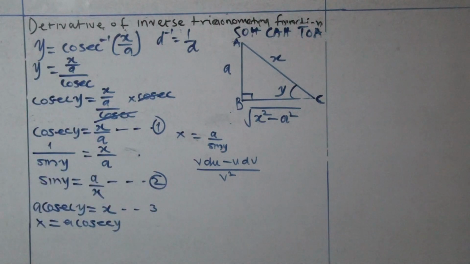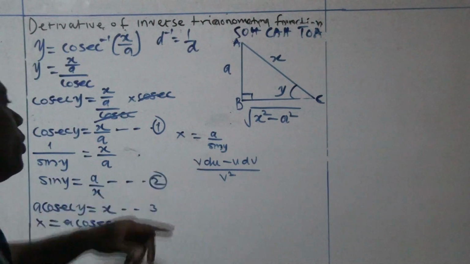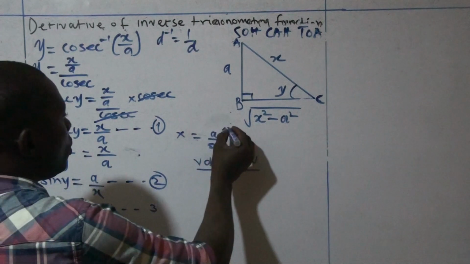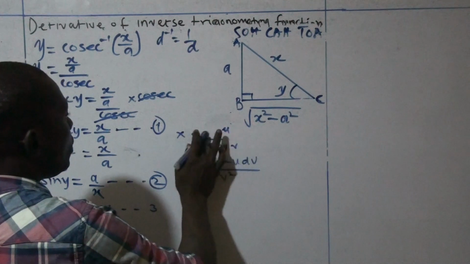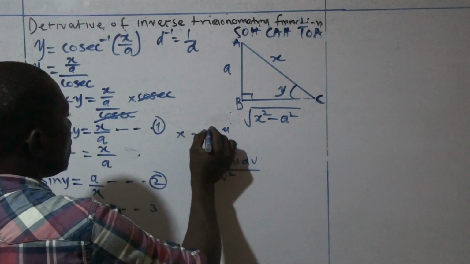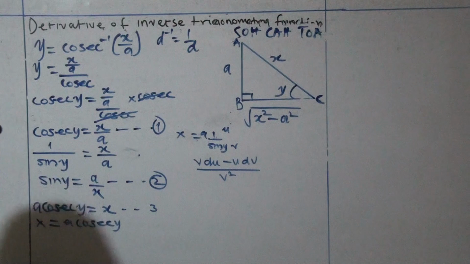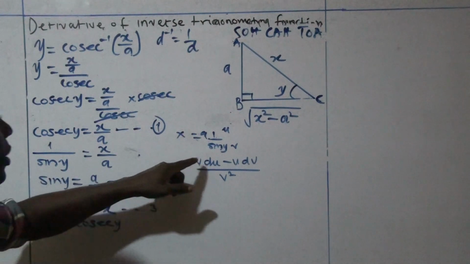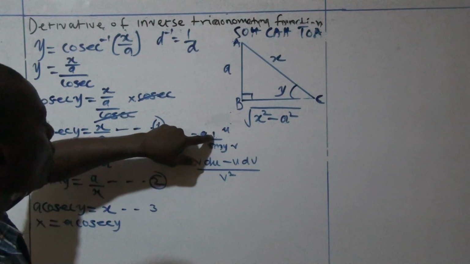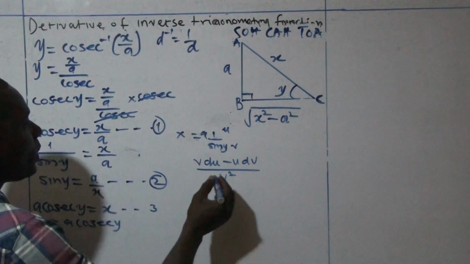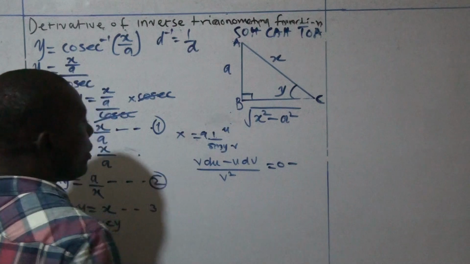So our u here is 1, and this is v. This a is a constant here. So v du: we differentiate 1, it is 0, and multiplying gives us 0. This will be 0 minus.